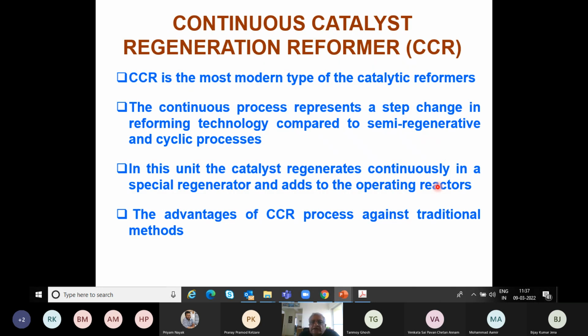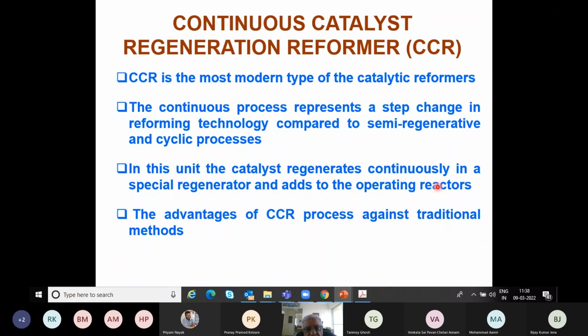Coming on to the CCR type of reformer, as I've mentioned several times, this is the most modern type of catalytic reformer. It is a huge step change. Actually, if you ask me, it is a disruptive technology which made semi-regenerative reformers almost obsolete.